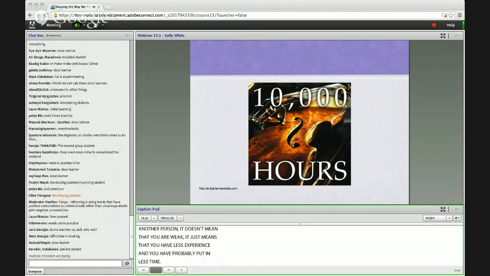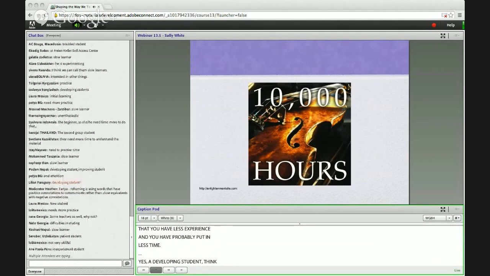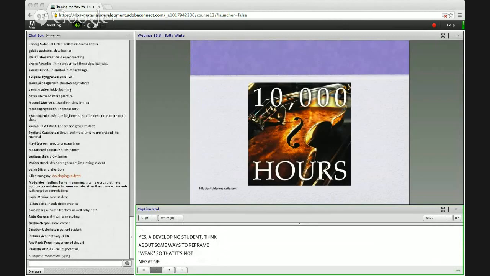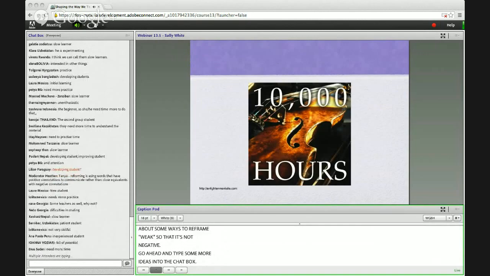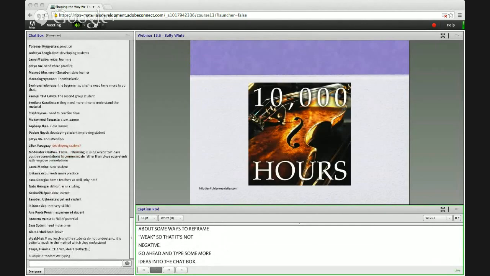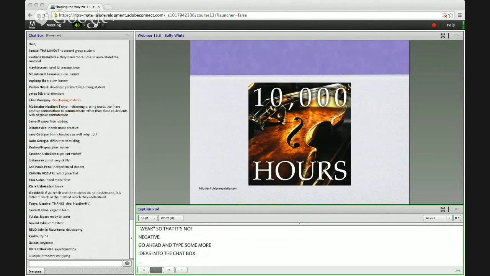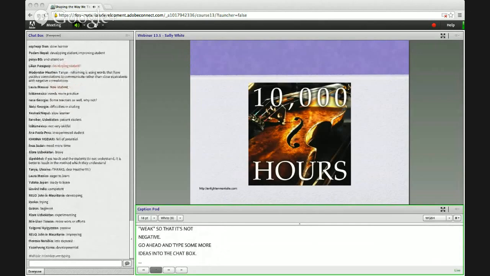Yes, a developing student. Think about some ways to reframe weak so that it's not negative. Go ahead and type some more ideas into the chat box. Full of potential. Okay, great.